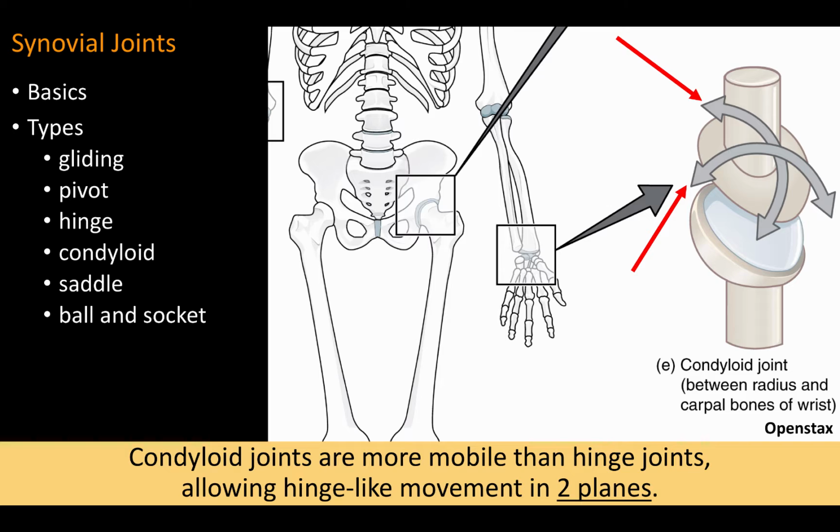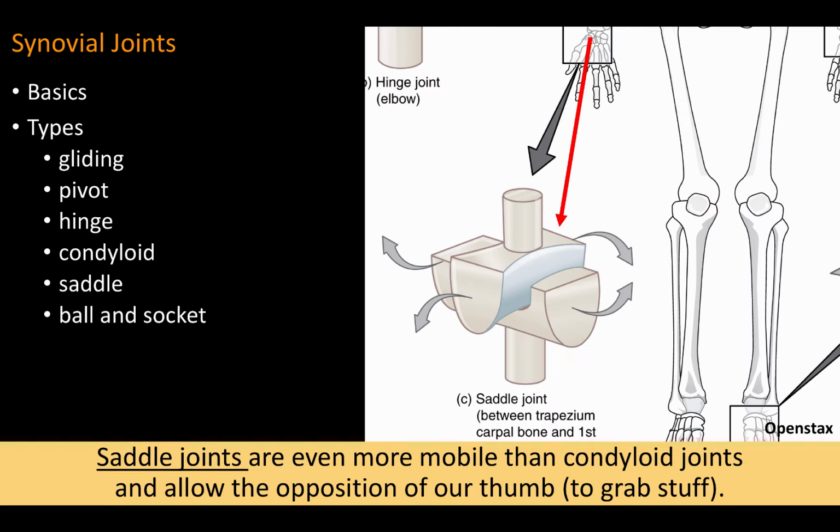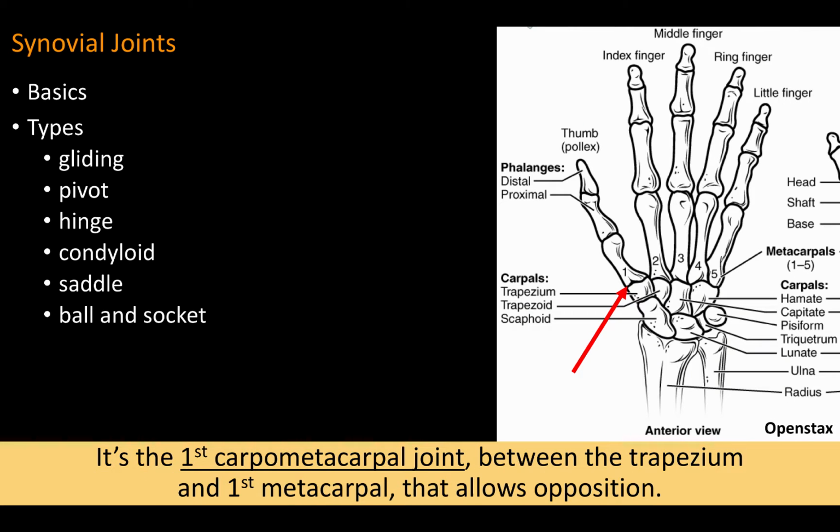Condyloid joints are more mobile than hinge joints, allowing hinge-like movement in 2 planes. Our radiocarpal joint, wrist, and metacarpophalangeal, knuckle, joints numbers 2 through 5, are condyloid joints. Number 1 is a hinge. Saddle joints are even more mobile than condyloid joints and allow the opposition of our thumb to grab stuff.